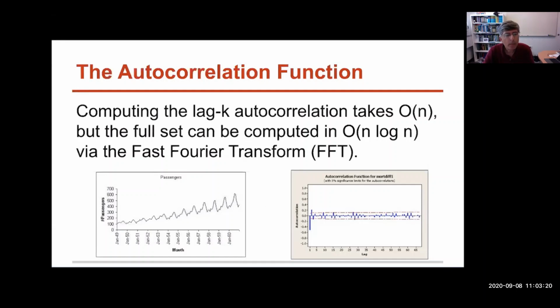If you wanted to compute the autocorrelation for all lags, that would be n times n, or n squared. The interesting thing is that the complete set of autocorrelations can be computed in n log n time using FFTs, the fast Fourier transform. This is one reason why people who know about Fourier transforms get excited about them.